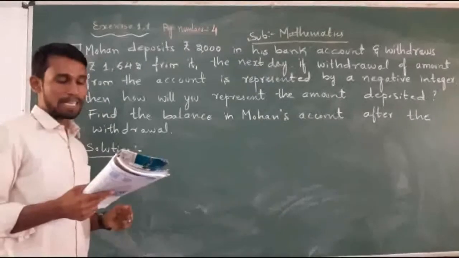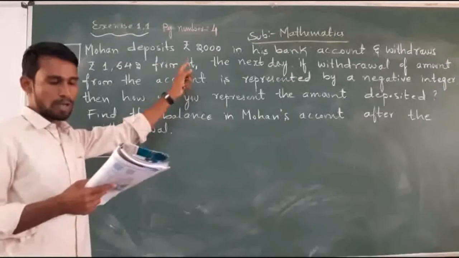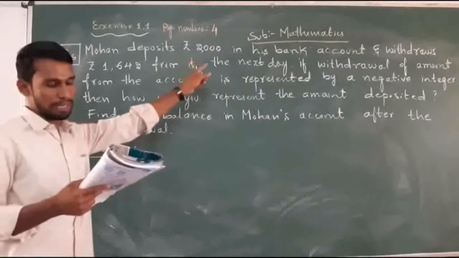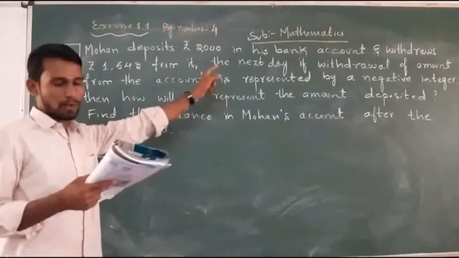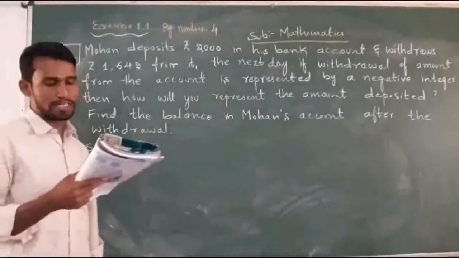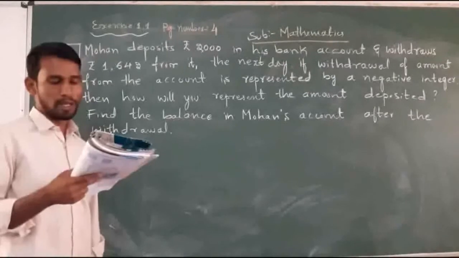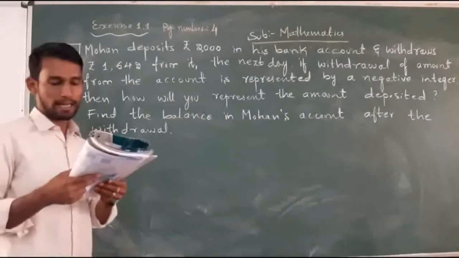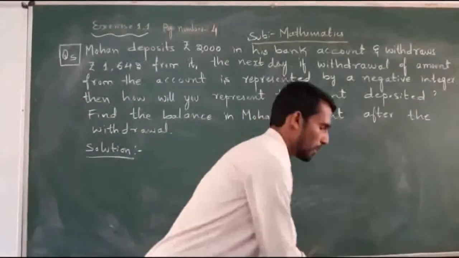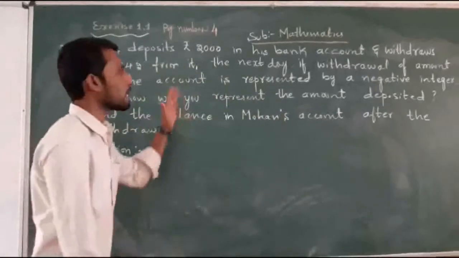Question number 5, page number 4. Mohan deposits 2,000 rupees in his bank account and withdraws 1,642 rupees from it. The next day, if the withdrawal of an amount from the account is represented by a negative integer, then how will you represent the amount deposited? Find the balance in Mohan's account after the withdrawal. In this question, we have to find out how much is the remaining amount in his bank account.